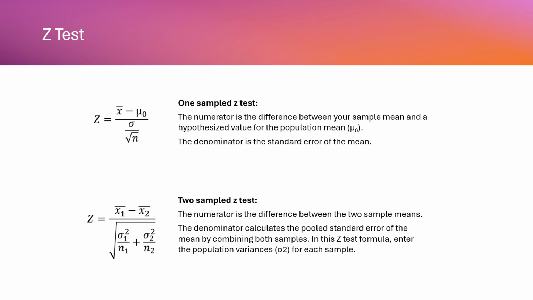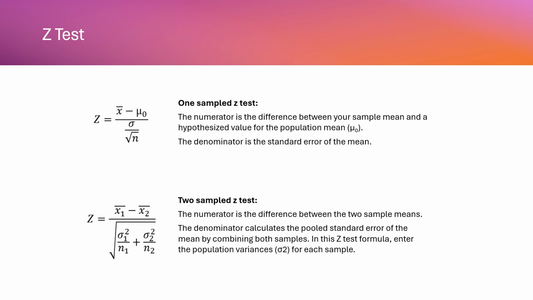A z-test can also be one-sampled or two-sampled. The first formula that we have here is x bar minus mu naught, divided by the standard deviation, which is again divided by the square root of n, the number of samples.